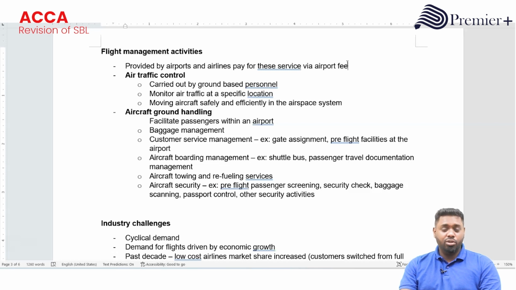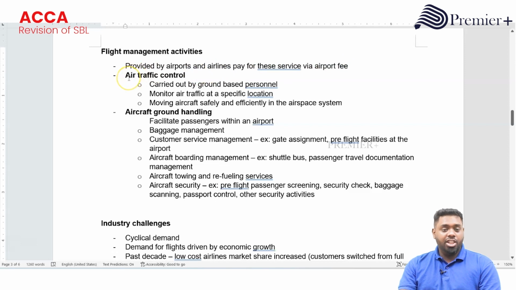And these are provided to whom? For airlines, so that they can have a more secured, a more standard flight journey. So provided by airports to the airlines, these airlines basically pay for these services via the airport fee.